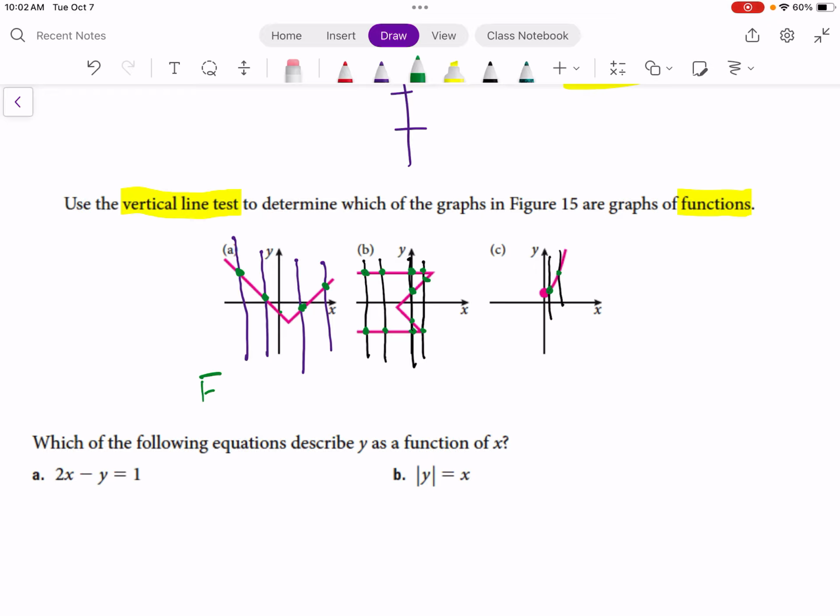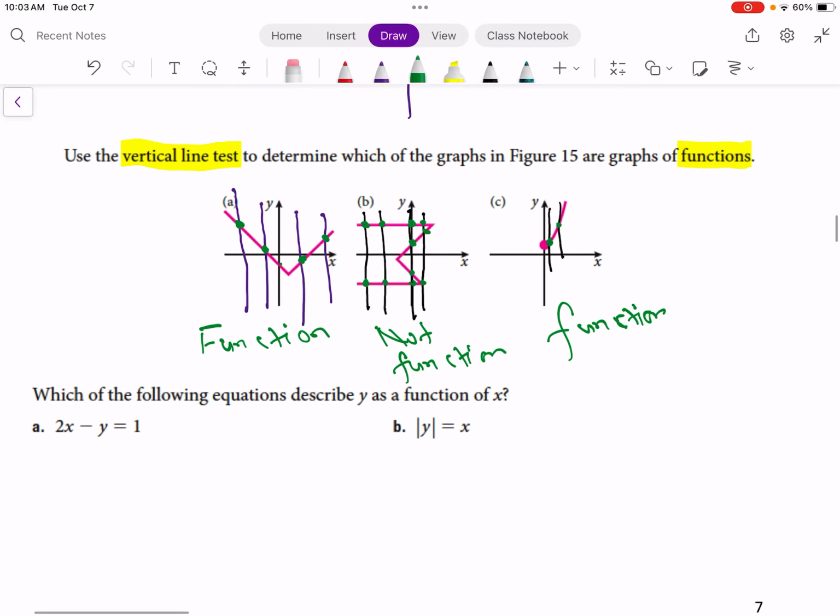So the first graph is a function, the second graph is not a function, and the third graph is a function. So we use a vertical line to test whether a given graph is a function or not, and if any vertical line crosses the graph more than once, then that graph is not a function.